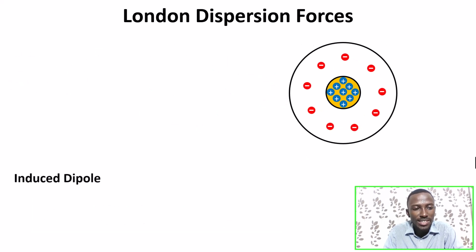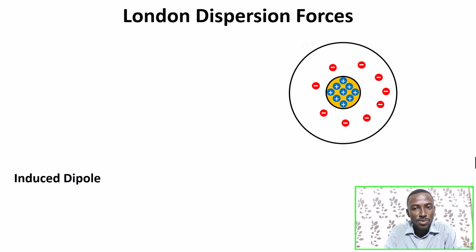The next thing we need to clear in order to explain London dispersion forces is induced dipole. But before we explain what an induced dipole is, let's recap on the temporary dipole. Remember we said the electrons are evenly distributed, but at some point in time, they become shifted to one side more than the other.